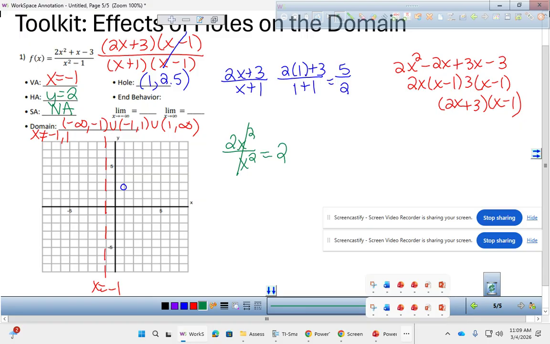And if I have a horizontal asymptote, then I have an end behavior of the same thing. The horizontal asymptote looks like that. So now I want to put this all together. I'm going to type this equation into my calculator and graph it.